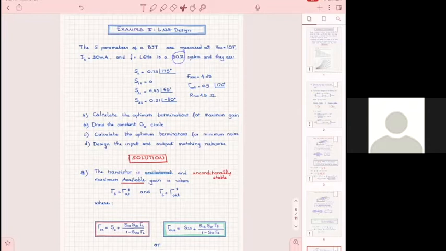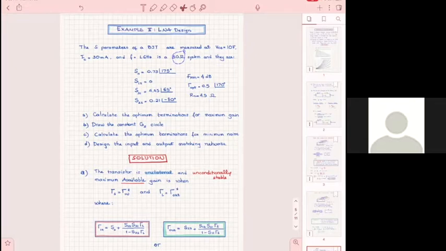All right. So for that, I asked you to calculate. Now I have to tell you, first of all, this is not a real transistor. I had to put S12 equals 0 to make things simpler for you.